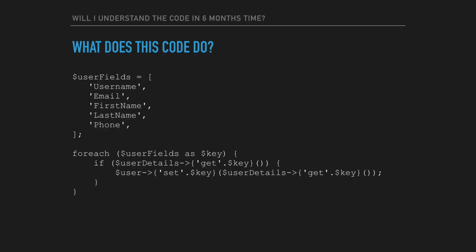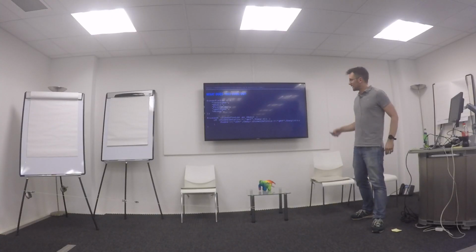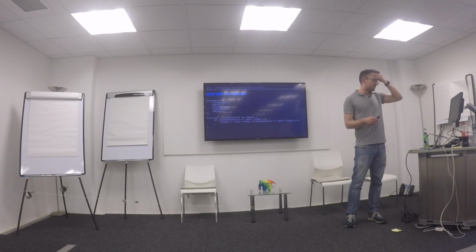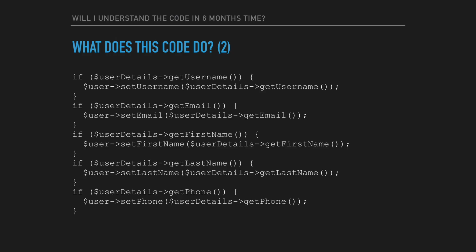Okay, so we'll wake up here. What does this code do? Is it obvious? This is real code that I've actually reviewed. Okay, I'll help you out. It actually does the same as this.